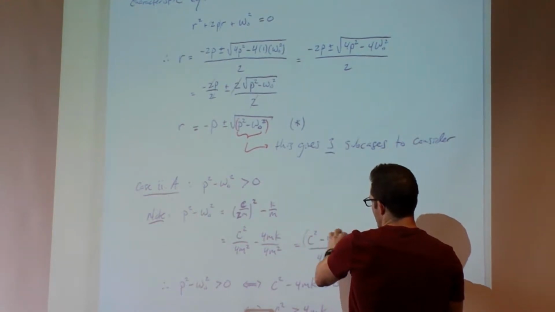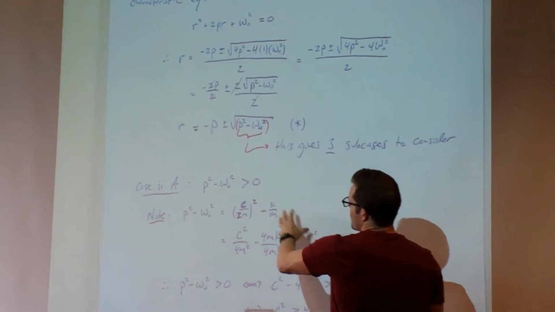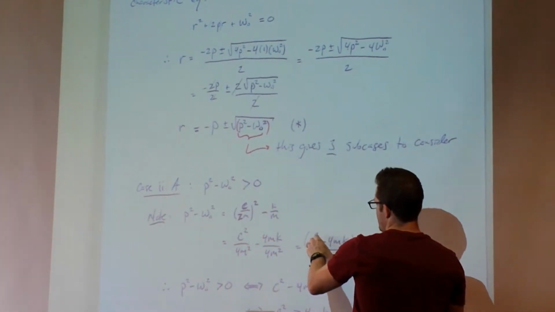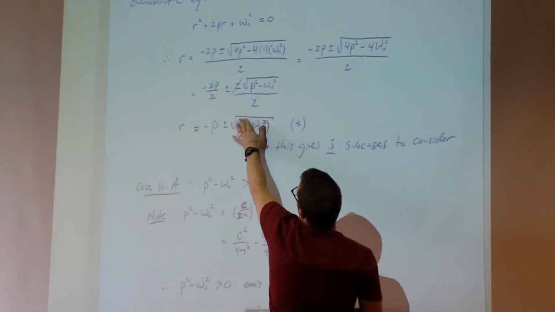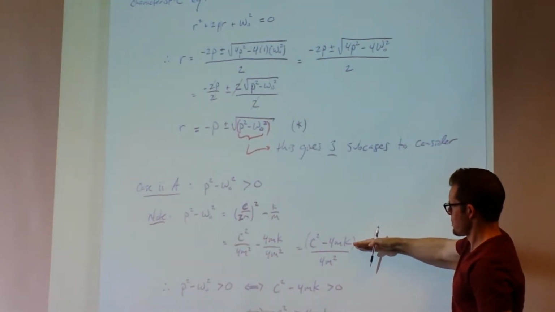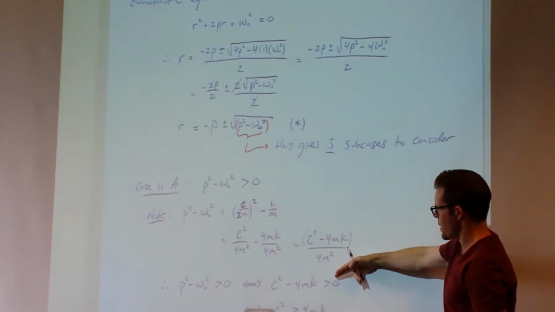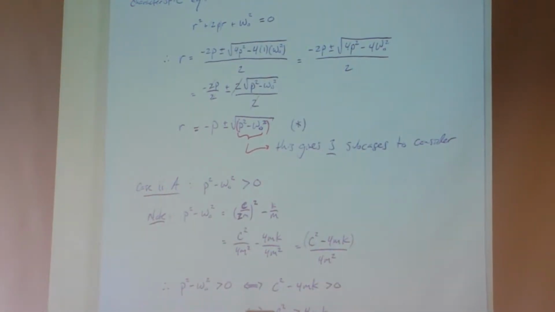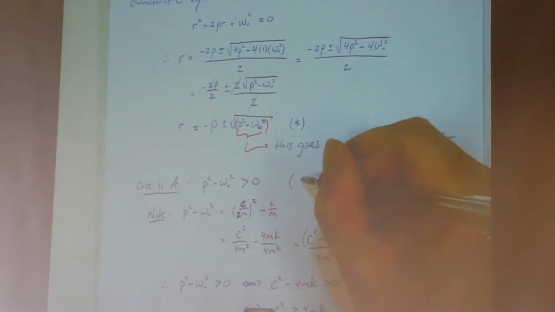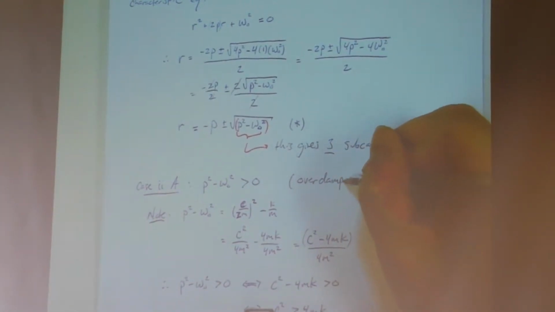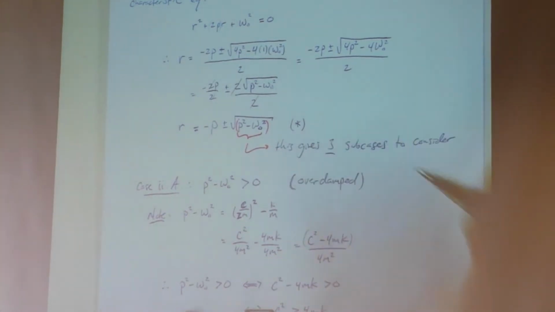If c squared is equal to 4mk, then this is 0, and we have one solution. If c squared is less than 4mk, then I'm going to have a negative under the radical. So c squared equal to 4mk separates it. Now, this is what they call overdamped. And we'll see why when we get the solution for this.